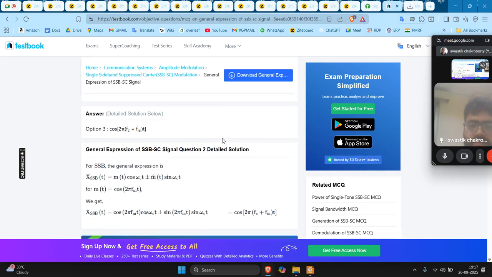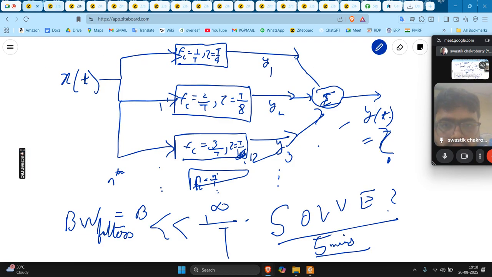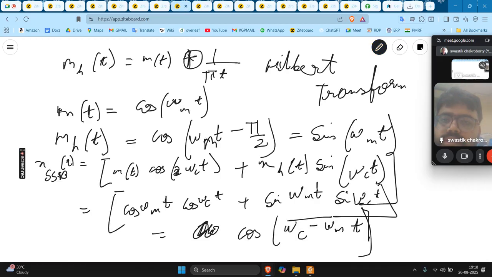Now cos (omega c minus omega m) t is what you get if you take the lower sideband. If you take the upper sideband, it will be the other sign. This plus stands for lower sideband, and this minus stands for upper sideband.